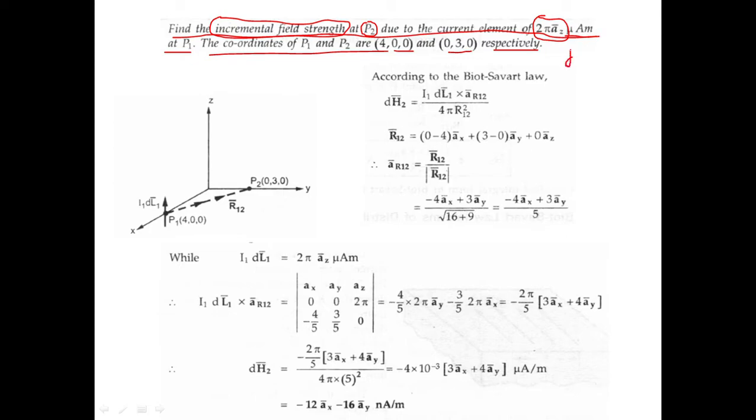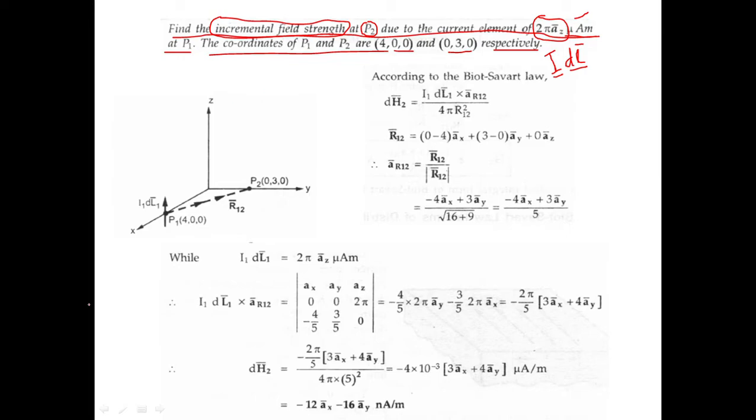The current element is given by I dL vector. For I it is amperes and for dL it is meters, so it is microampere meter. That is the unit for the current element.